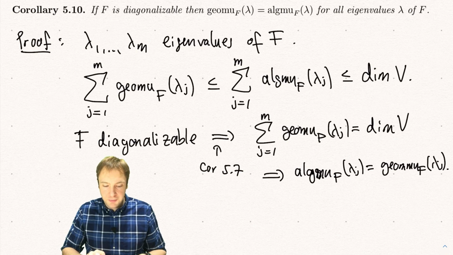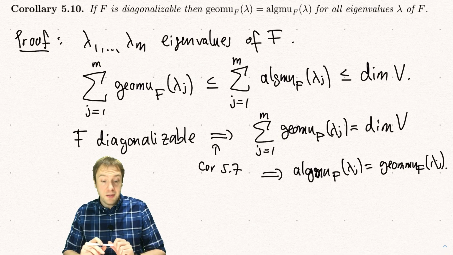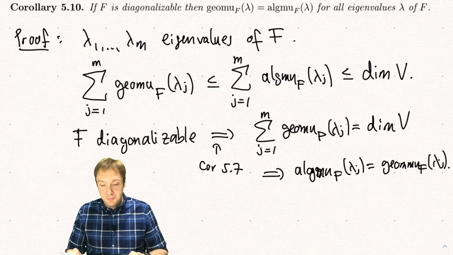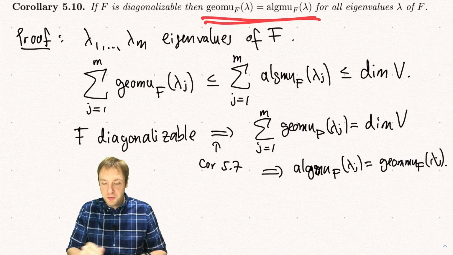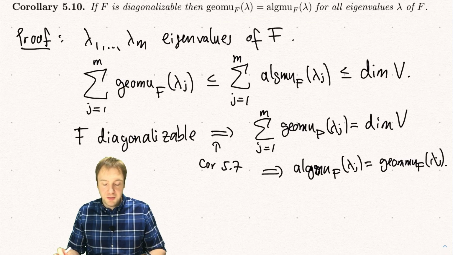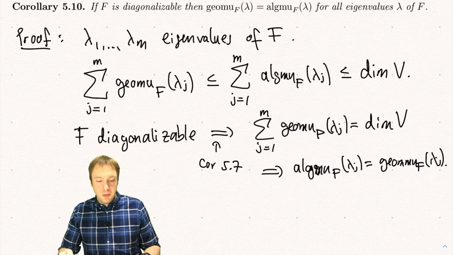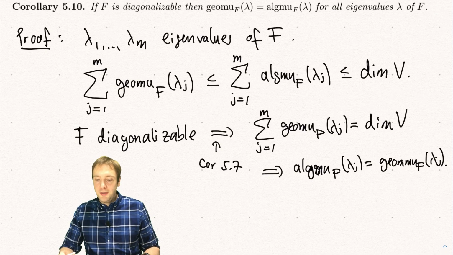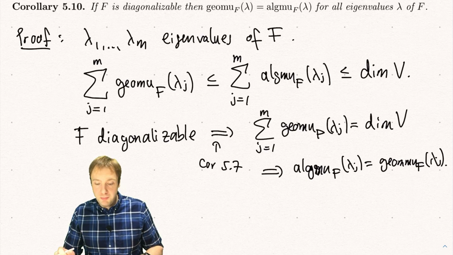But for the real case, this is not true, because we could also have examples where we don't have any eigenvalues, and then this condition would be true because you don't need to check anything, but still this matrix F is not diagonalizable. Okay, so that's all for today.